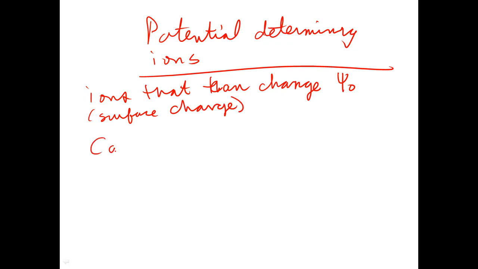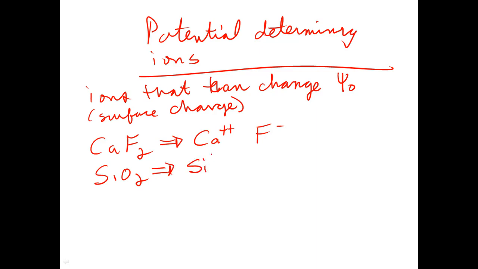So for something like fluorite, these would be calcium ion, fluoride ion. Something like SiO2 for oxides, silicon ion.